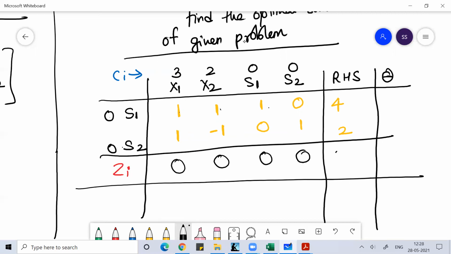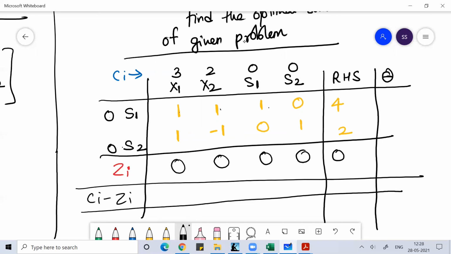So here everything will be 0. Then you find Ci minus Zi: 3 minus 0, 3; 2 minus 0, 2; 0 minus 0, 0; 0 minus 0, 0. Once you're done with the calculation of Ci minus Zi, we will continue with this iteration table.